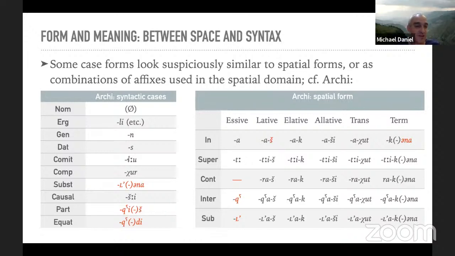Just as one example, there is a quotative case, which means roughly something like "similar to the father," also used in constructions like speaking in Avar. And here you have a similarity with the interlocalization followed by a suffix which is not otherwise used in Archi, etc. So these are connections which are less regular, but still suggest some kind of diachronic way of thinking about how this form might have evolved in history.